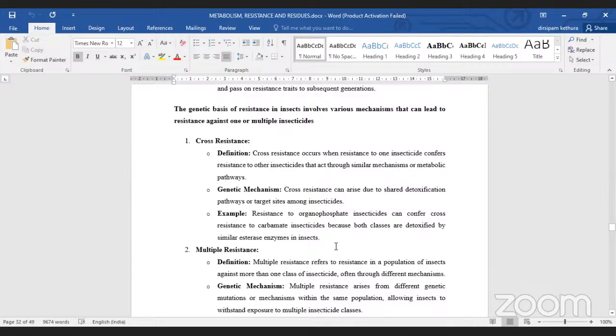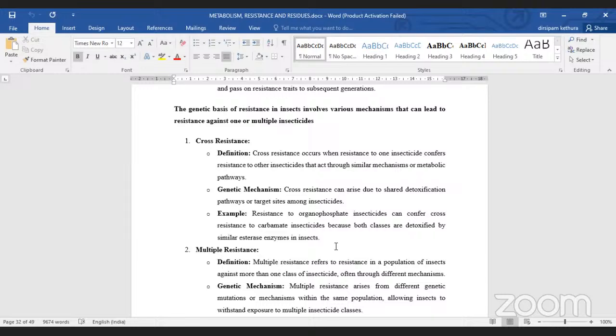What is cross resistance? Here you can see the definition. Cross resistance occurs when resistance to one insecticide confers resistance to other insecticides that act through similar mechanisms or metabolic pathways. And this cross resistance can arise due to shared detoxification pathways or target sites among insecticides.